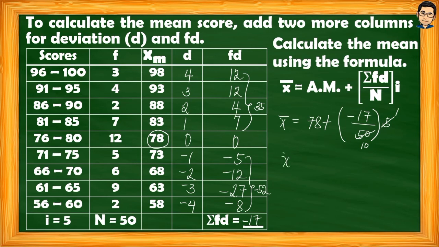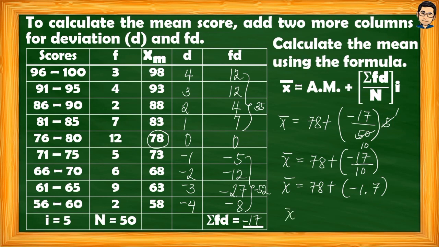Next, 78 plus negative 17 all over 10. 78 plus negative 17 over 10, basically negative, that is negative 1.7. Since one is positive and one is negative, we subtract and follow the sign of the bigger value.